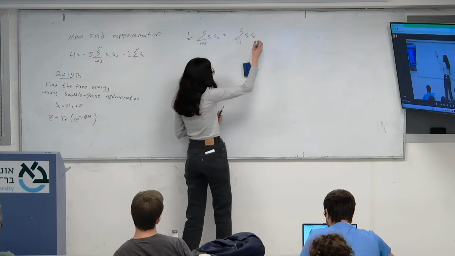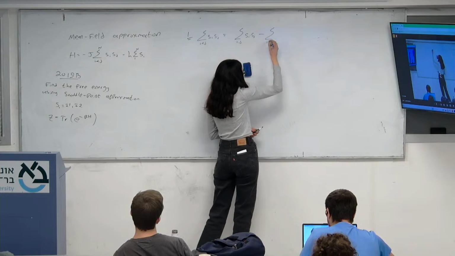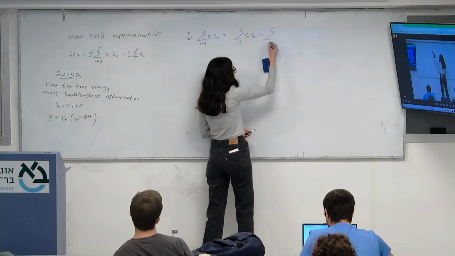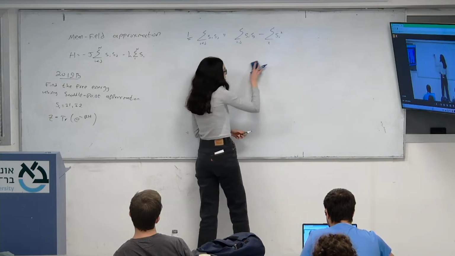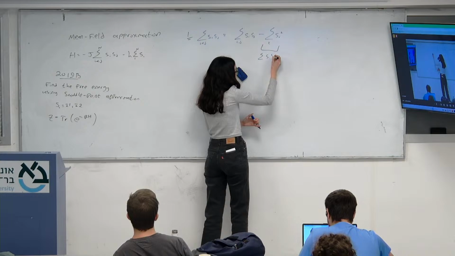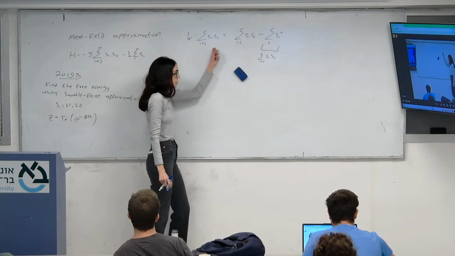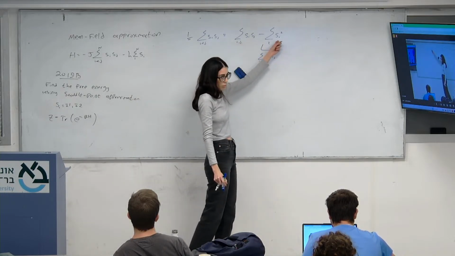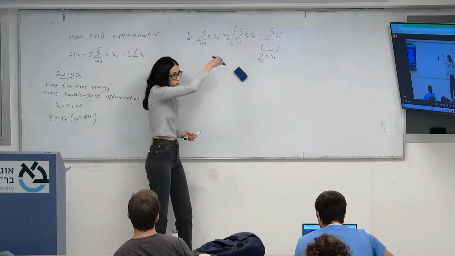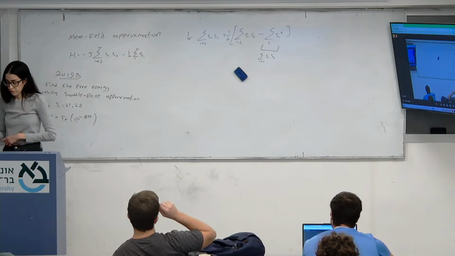So there are two summations, minus the sum of i equal to j, which is just Si squared, Si Sj where i equal to j. So the summation of i different than j is the summation of all i and j minus the summation of i equal to j.